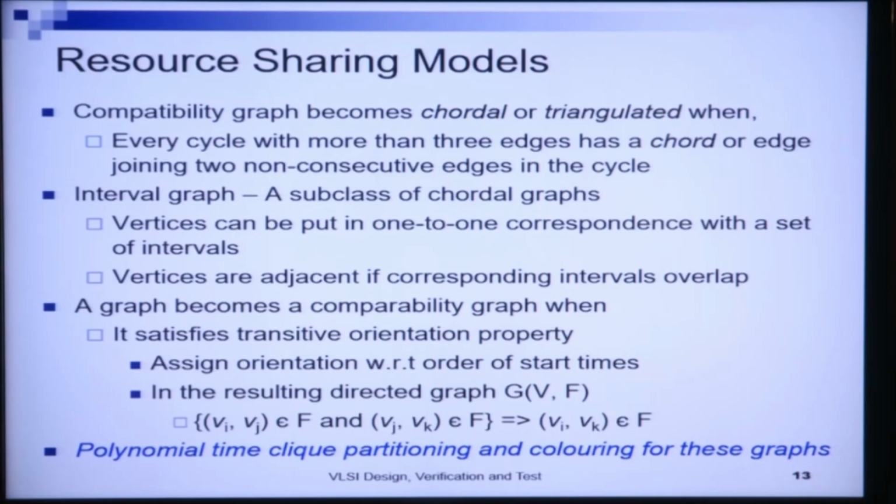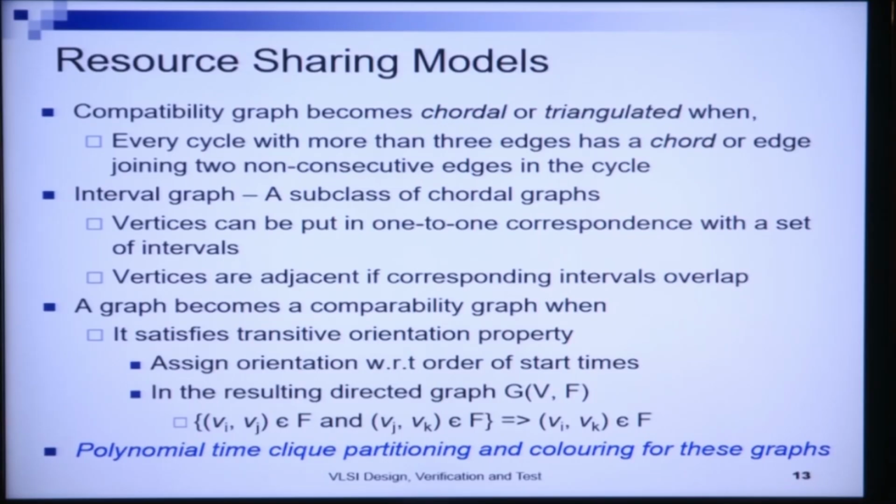A graph becomes a comparability graph when it satisfies a transitive orientation property. So therefore, I need to be able to impose a transitive orientation property on my graph. So, my compatibility graph or my conflict graph can only become a comparability graph if I can impose this transitive orientation property on this graph.